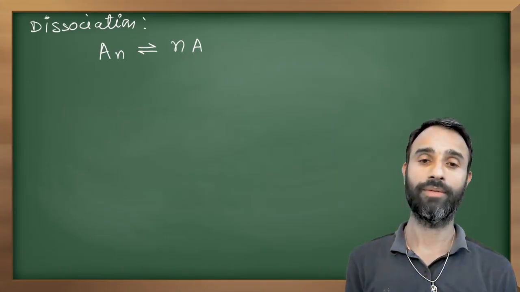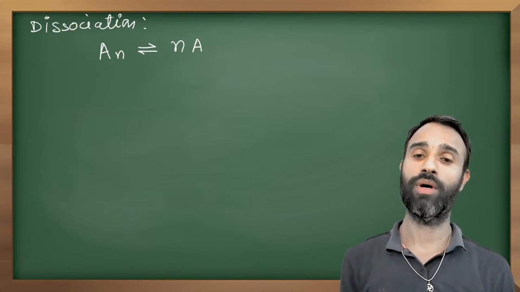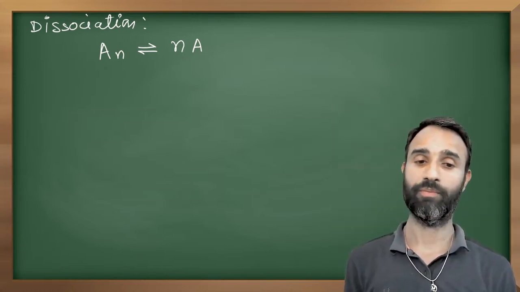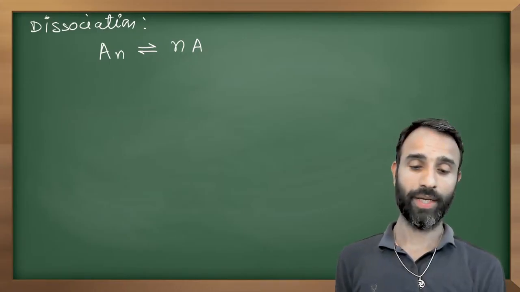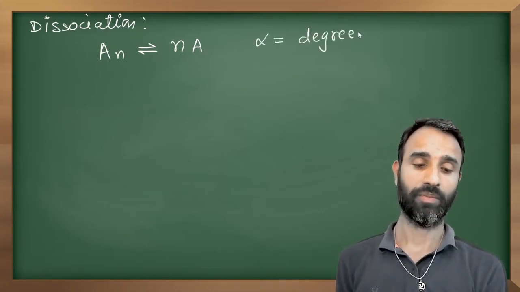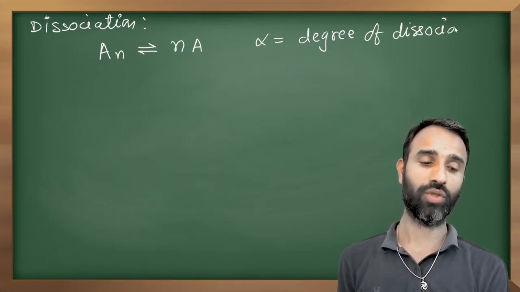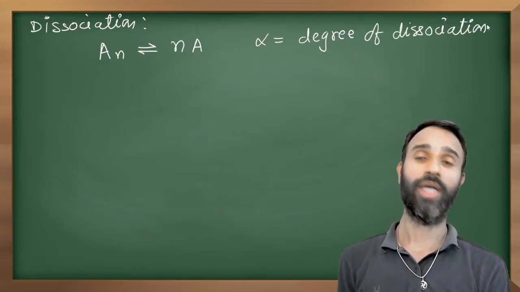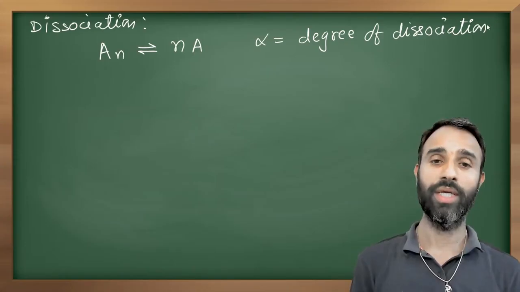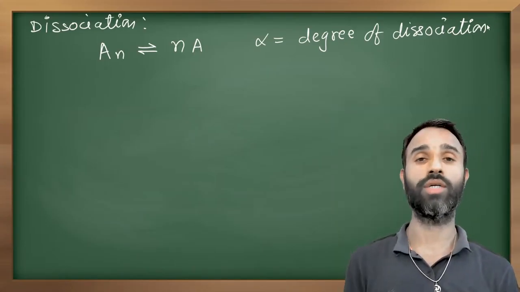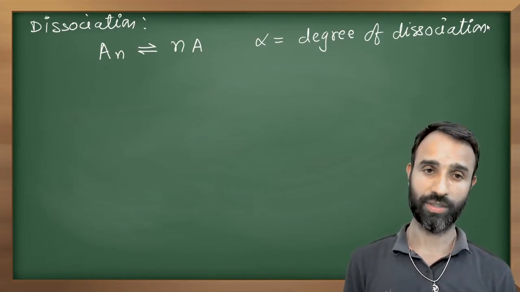Now if alpha is the degree of dissociation, and you know that degree of dissociation means that out of 1 mole, alpha moles undergo dissociation.